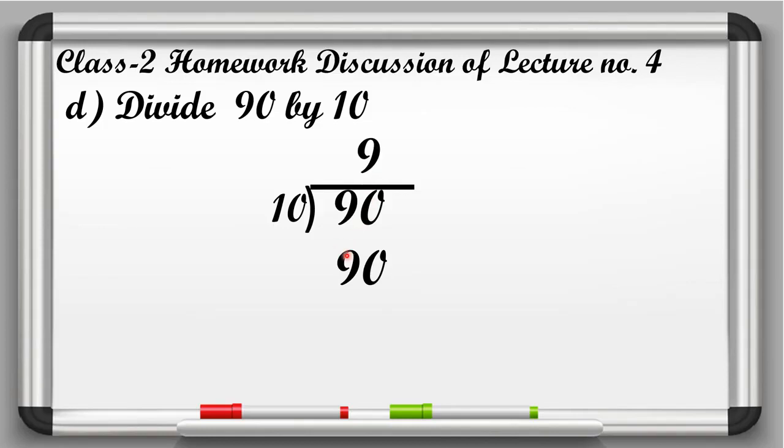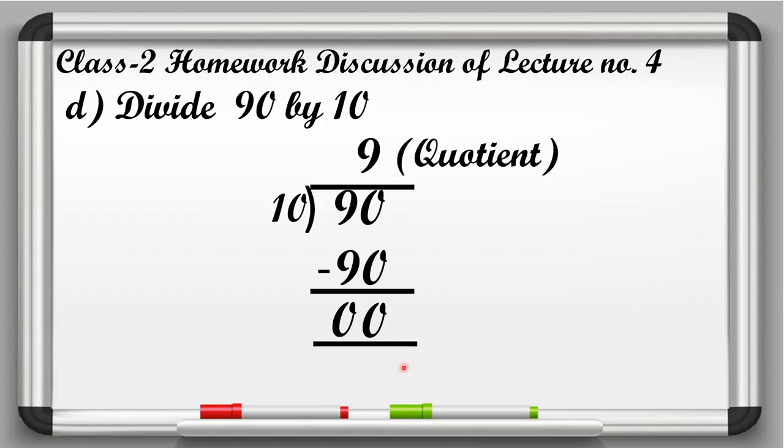Now we have to put the sign of minus. Let's start subtracting. 0 minus 0 is equal to 0, so here we will write 0. And 9 minus 9 is also equal to 0, so again we will write 0 here. In this question 9 is the quotient, so we will write quotient, and 0 is the remainder, so we will write remainder here.